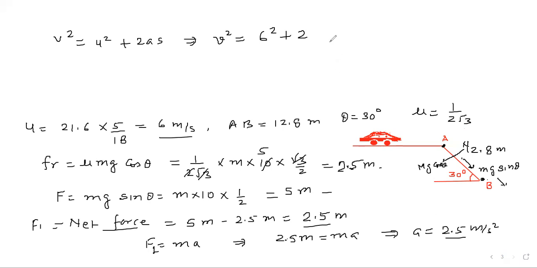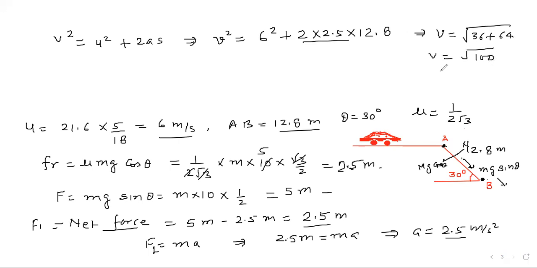The acceleration we have found as 2.5, and this distance is given as 12.8 meters. So we simplify it. The product of these three terms will become 64, because these two terms will give 5, and 5 into 12.8 is 64. So we have got v equal to square root of 36 plus 64. So v equal to root 100, which is 10 meter per second.